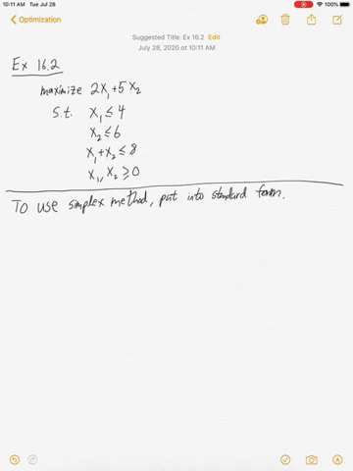All right, so how do we do that? Well, first of all, it's easy to change the maximize into a minimize. We just put a minus sign up front. Maximizing 2x1 plus 5x2 is equivalent to minimizing negative 2x1 minus 5x2. We'll just have to remember at the end to flip our signs around.